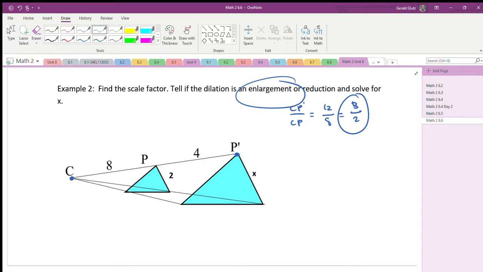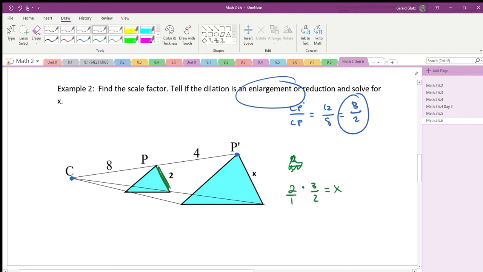To find the value of x, this side is 2 and our scale factor is 3 over 2. Whatever the length of each of these sides is, I multiply it by the scale factor to get the new side. So 2 times 3 over 2 equals x.